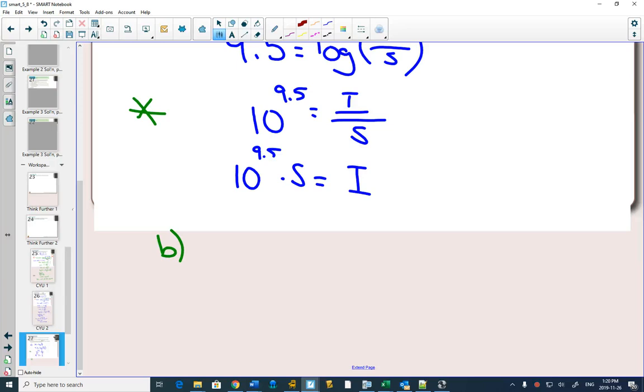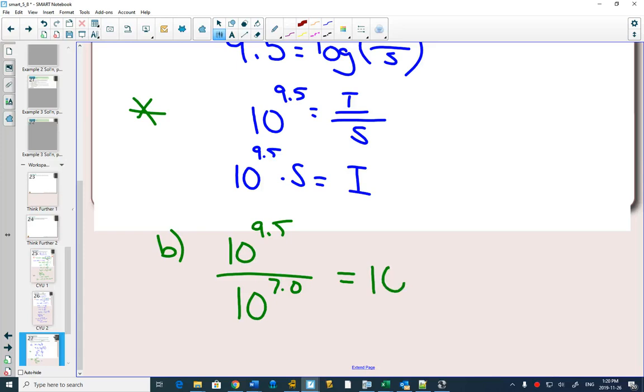So what we're trying to do is we're trying to compare them. And we've got the Chile one as 10 to the 9.5 and the Haiti one as 10 to the 7.0. Can you see that from 7 to 9.5 you've gone up 2.5? And every time you go up by 1, it's 10 times more intense.